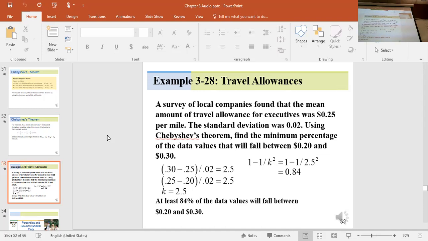I just wrote this one down, replacing x bar by its value and s by its value. So to find k, just solve that this equals to that.